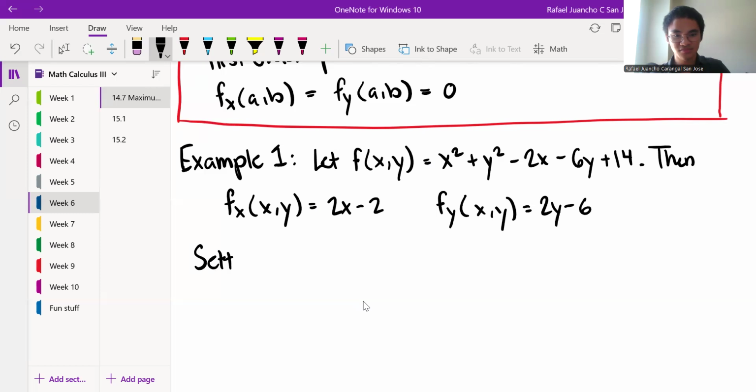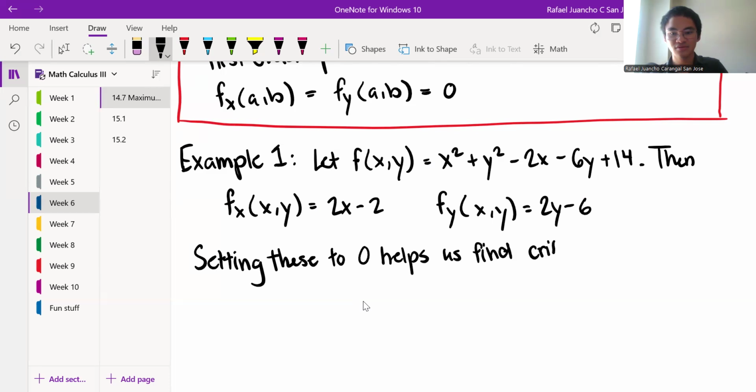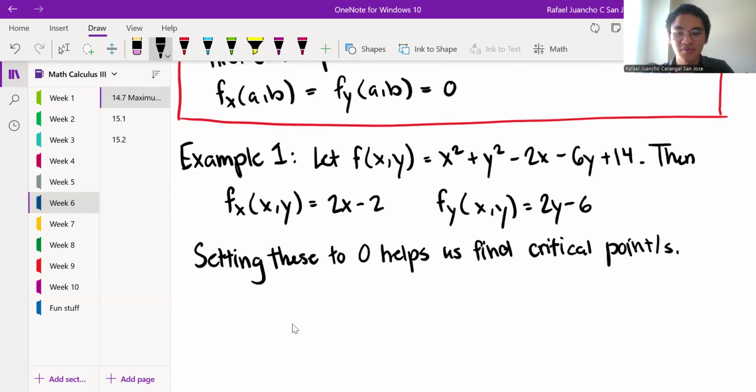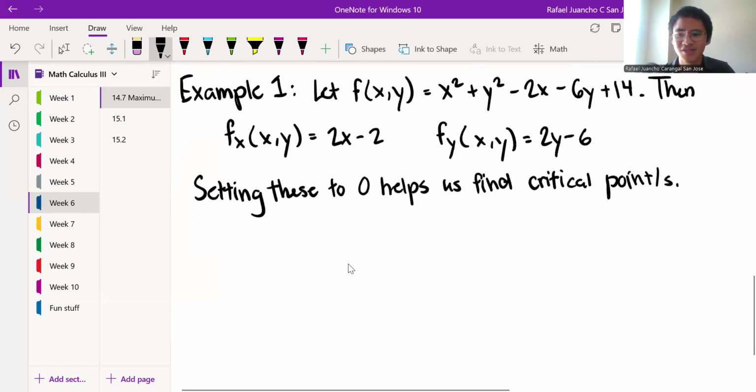So setting these to 0 helps us find the critical point or points. Could be more. Depends, especially if you have a quadratic one, because we get 2 points there, or a cubic one.